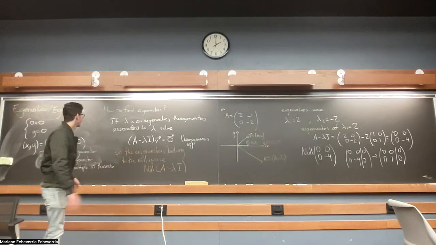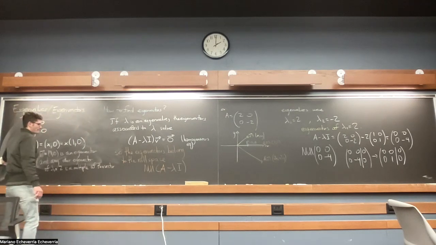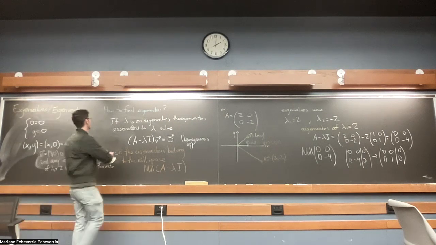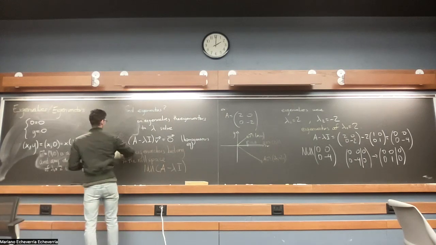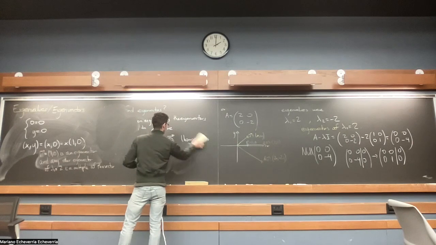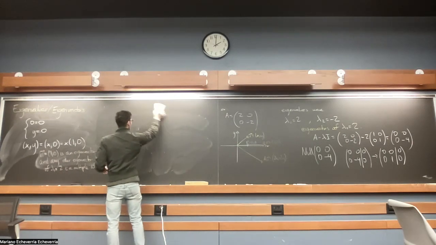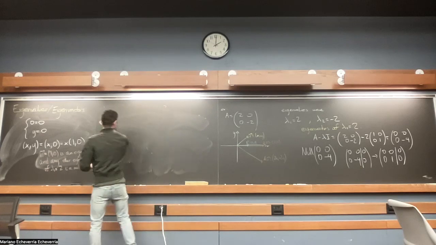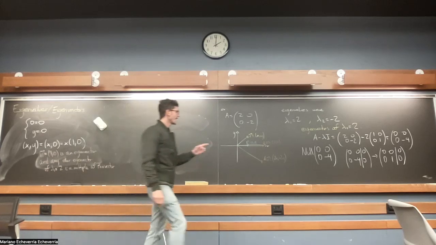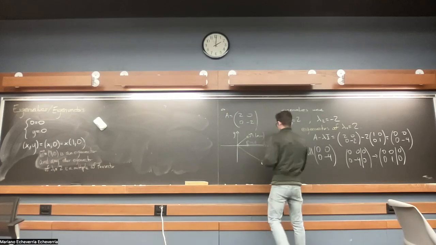So let's do the other eigenvalue. Now let's try to find the eigenvectors for lambda 2 equals -2.